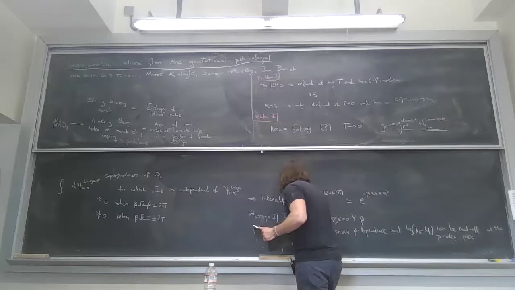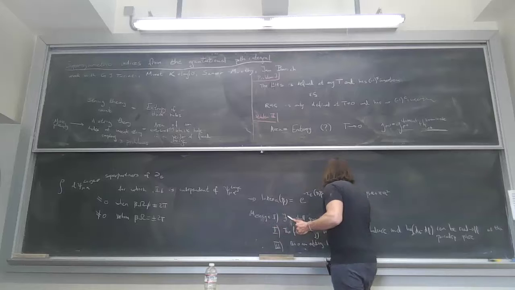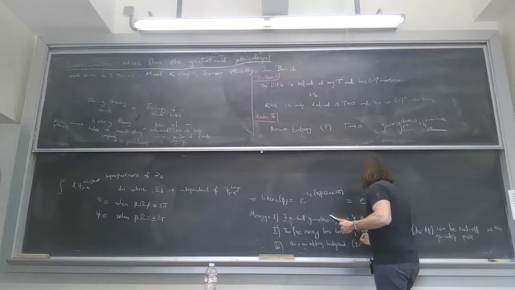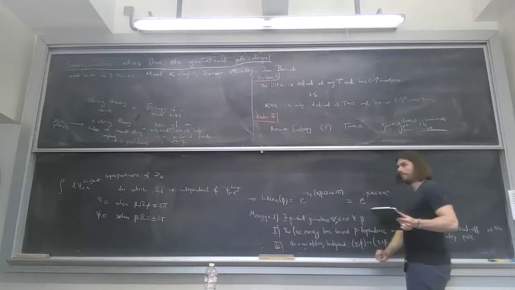So on a non-rotating background, the circle that was contractible in the tau and phi coordinate was just tau plus beta, keeping phi the same.